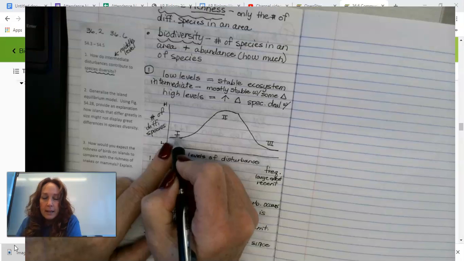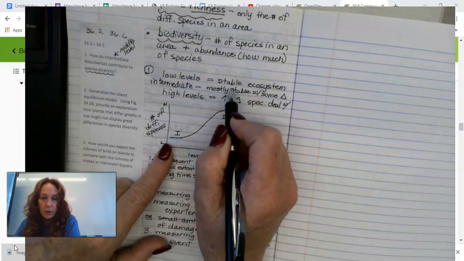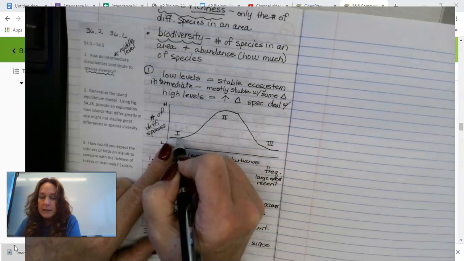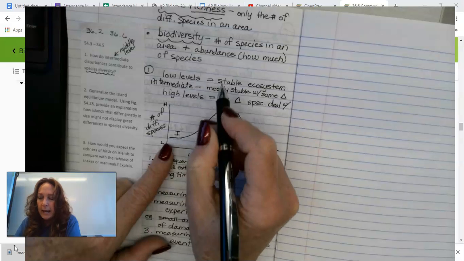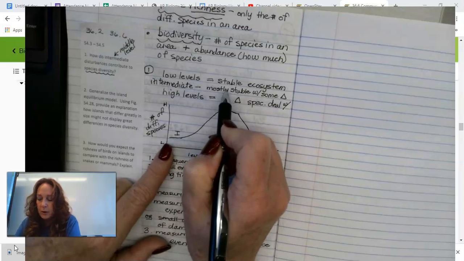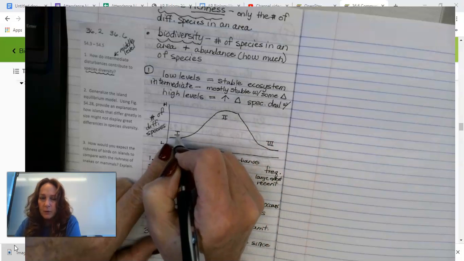At 1, because there's not much else that organisms are dealing with, you have really serious competition. So they're not going to have an interaction where they're dealing with their ecosystem changes, but they're going to really compete with each other.